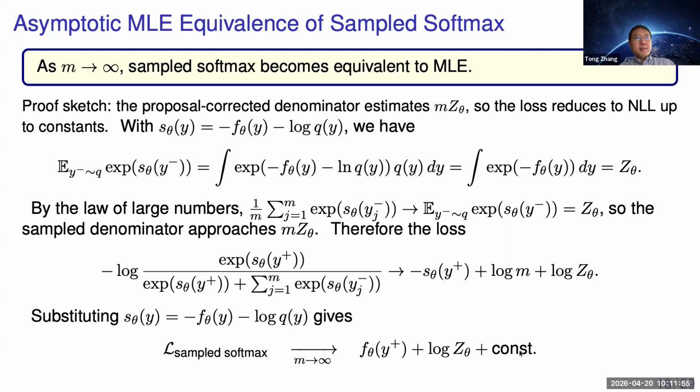When I say constant, this is theta-independent. So the only theta-dependent term is the same as maximum likelihood, which is the negative log likelihood. This is just a quick derivation, but the point is that as M goes to infinity, sampled softmax is equivalent to MLE.